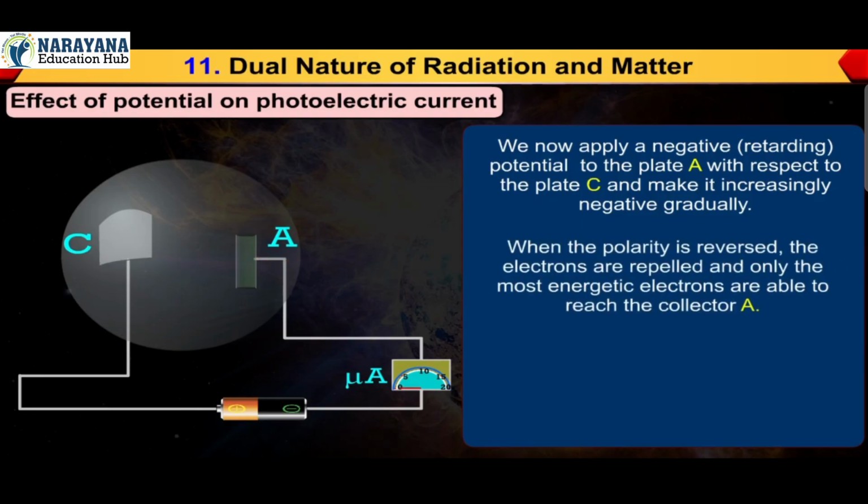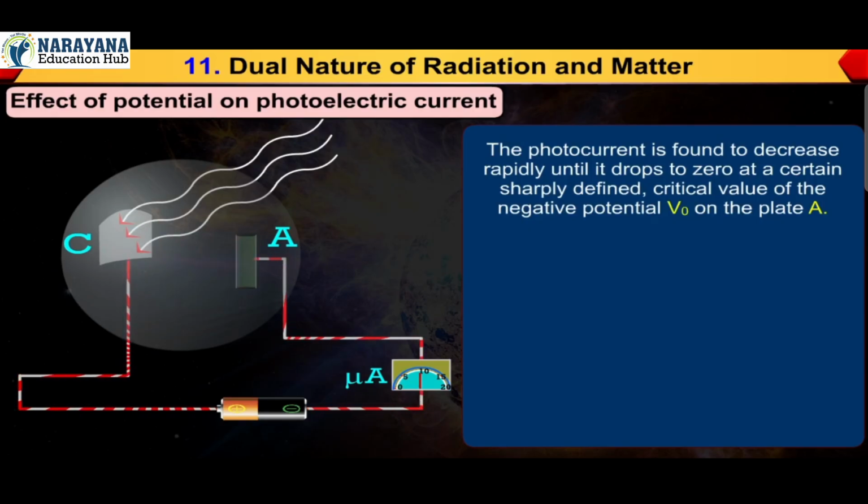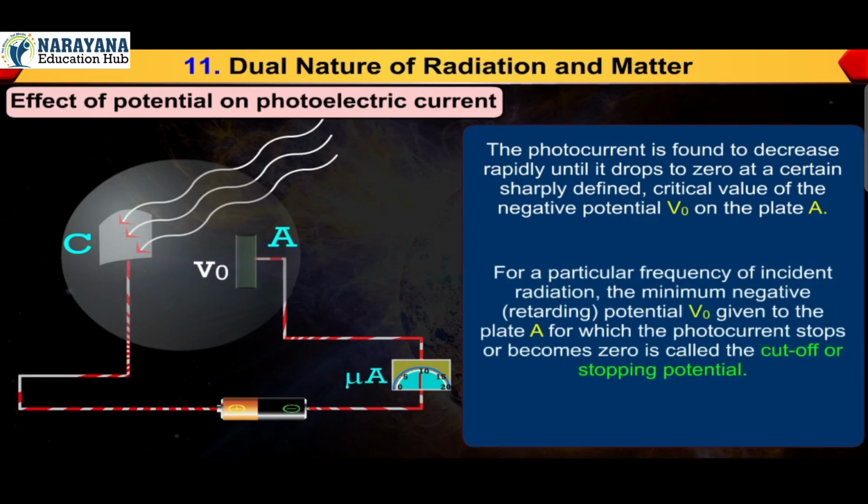When the polarity is reversed, the electrons are repelled and only the most energetic electrons are able to reach the collector A. The photocurrent is found to decrease rapidly until it drops to zero at a certain sharply defined critical value of the negative potential V0 on the plate A. For a particular frequency of incident radiation, the minimum negative retarding potential V0 given to the plate A, for which the photocurrent stops or becomes zero, is called the cutoff or stopping potential.